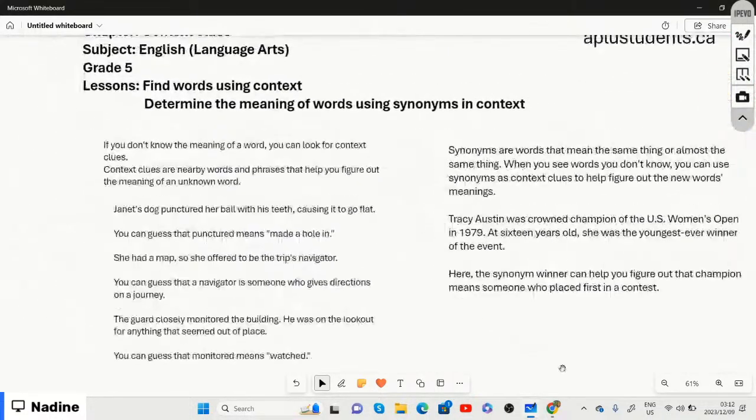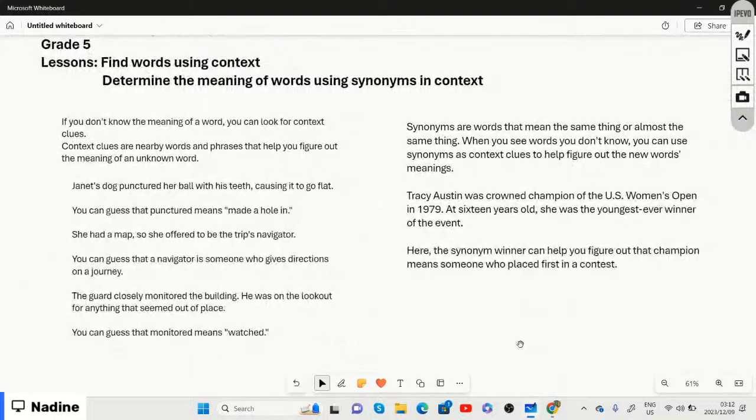So also when it comes to context clues, another lesson is to determine the meaning of words using synonyms within context, right? Synonyms are words that mean the same thing or almost the same thing.